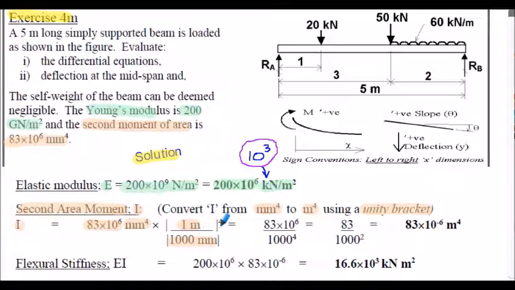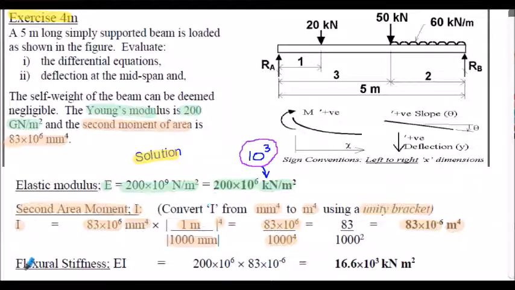Raising that to the power of 4, that becomes 83 times 10 to the 6 divided by 1,000 to the power of 4, and that evaluates to 83 times 10 to the negative 6 meters to the 4. So now I've got my elastic modulus in kilonewtons per meter squared and my I value in meters to the 4.